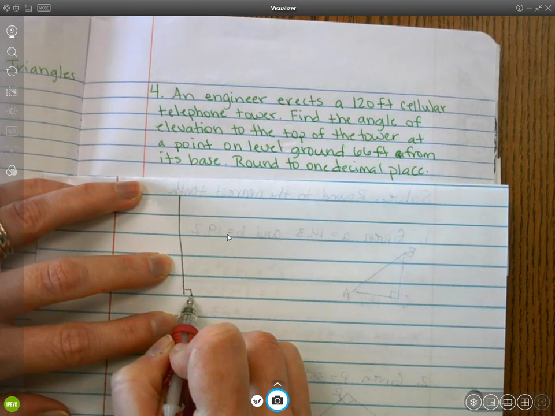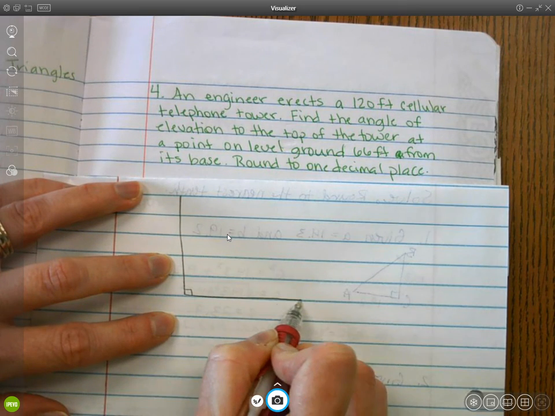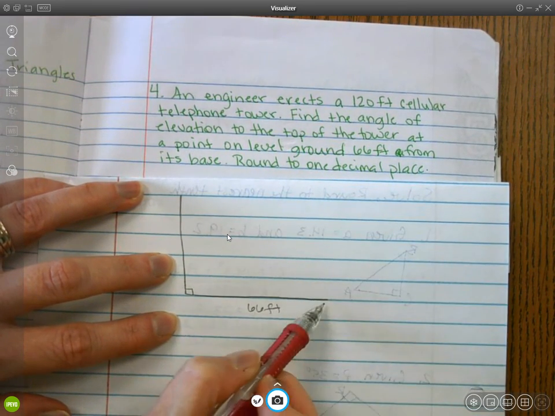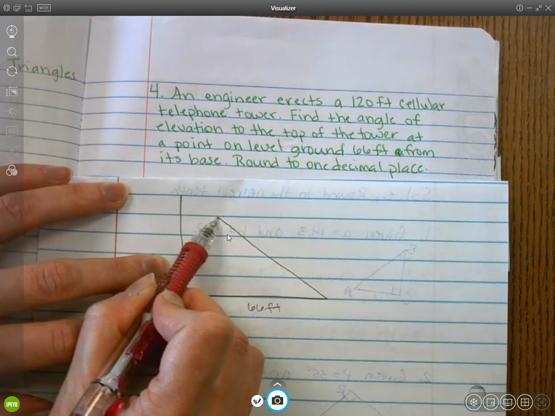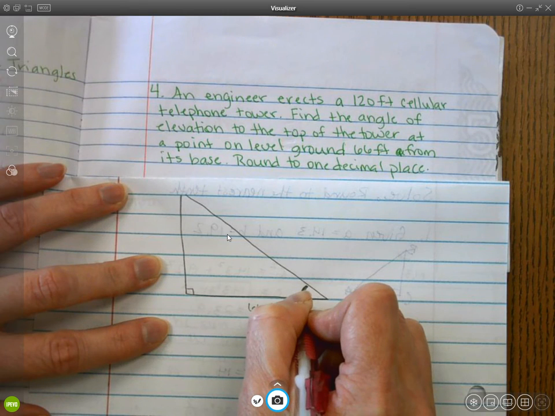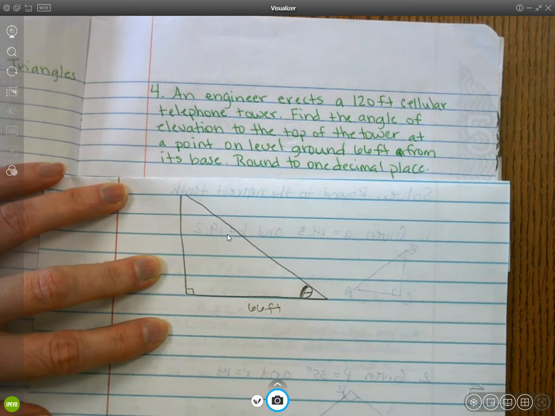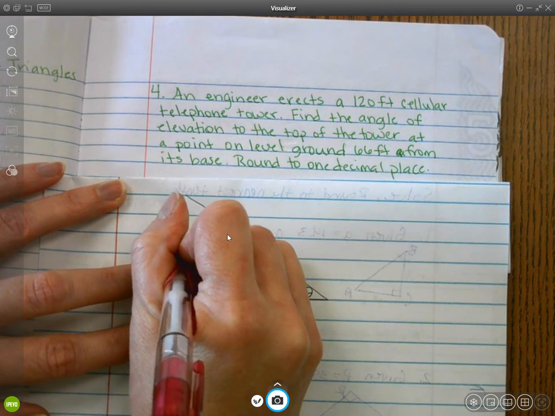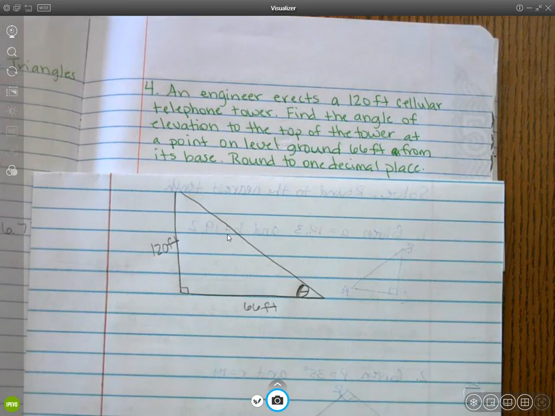It's on level ground, so it makes a right angle. 66 feet from its base. We have an angle of elevation, so looking up to the top. That's what they want us to find, this guy right here. All right, and we know that the cell phone tower is 120 feet.